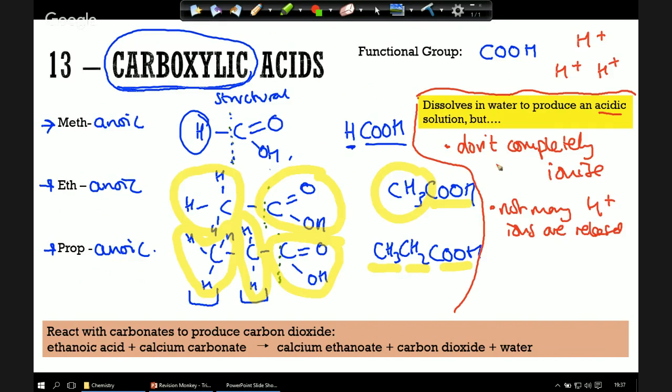And what this means is these acids are weaker than other types of acids with the same concentration. So these acids here would have a higher pH than other acids with the same concentration.